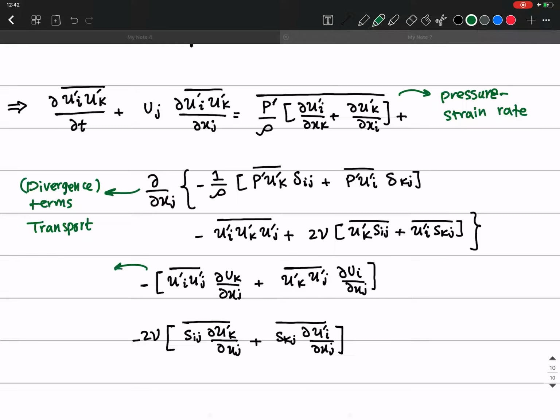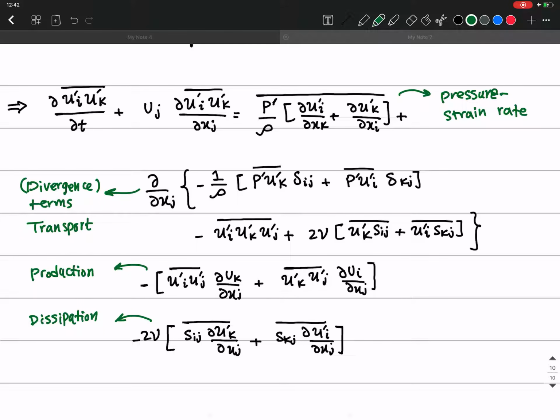This term is what we call the production term. So this is the production of turbulence, or production of these Reynolds stresses. Okay. So these actually produce these terms. And this term, I'm going to come back to what it means, but this term is kind of clear. It's the dissipation term. So it's actually the dissipation of these Reynolds stresses by molecular diffusion.